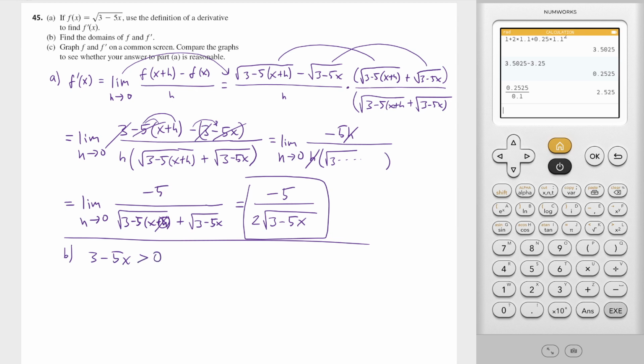Okay, and so it's a simple little inequality to solve. I subtract 3 from both sides, and I have negative 5x is greater than negative 3. And I divide both sides by negative 5, which means I flip the sign when I do that. I'm going to get x is less than 3 over 5.